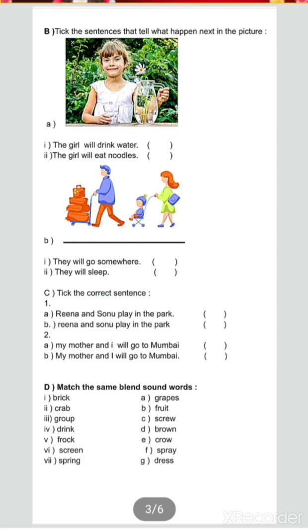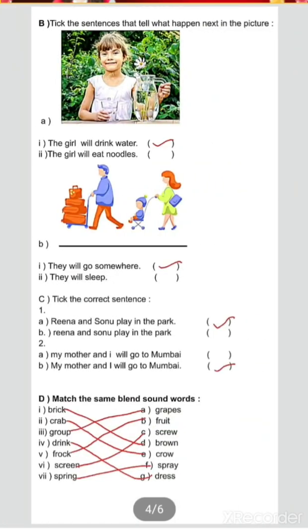In the first, the A part, Reena's R is capital and Sonu's S is capital, because we know we write proper nouns with a capital letter, and also we start a sentence with a capital letter, and at the end we put a full stop. So we will tick on part A like this.